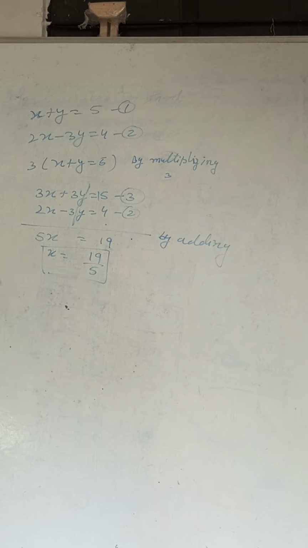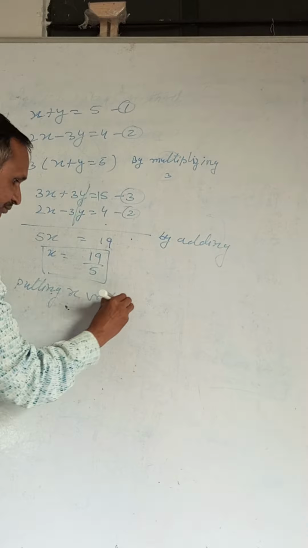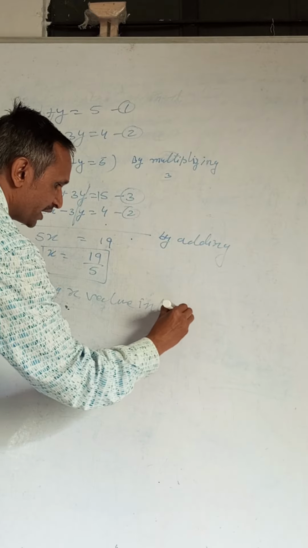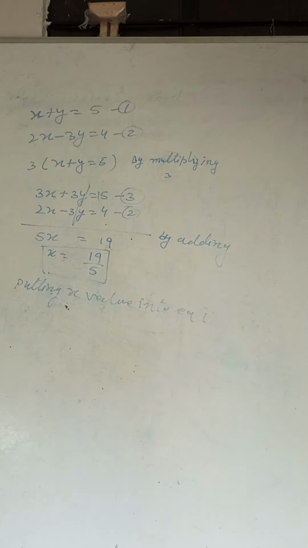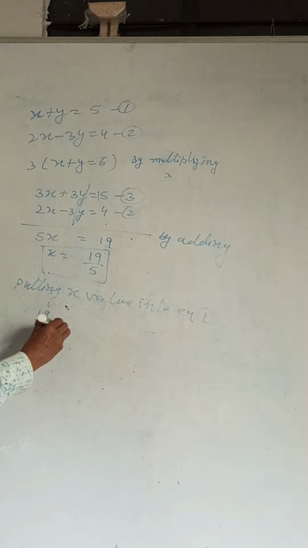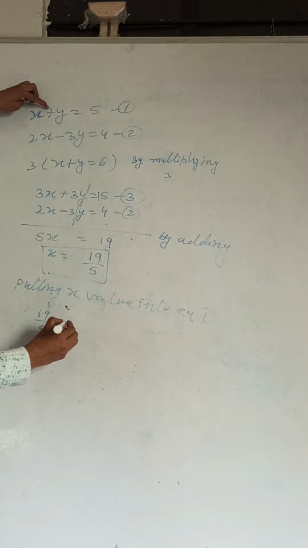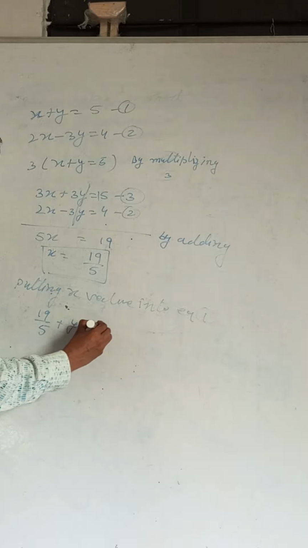Now keeping this x value into equation number 1, 2, or 3, anyone we can keep. So putting the x value into equation number 1, we are going to keep 19 by 5 plus y is equal to 5.